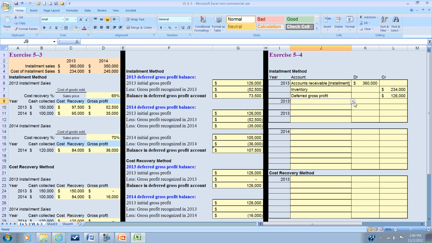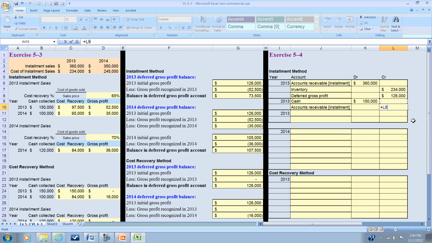As cash is collected, obviously we're going to increase cash. So in 2013 we collected 150,000, and obviously we're going to reduce down our accounts receivable.